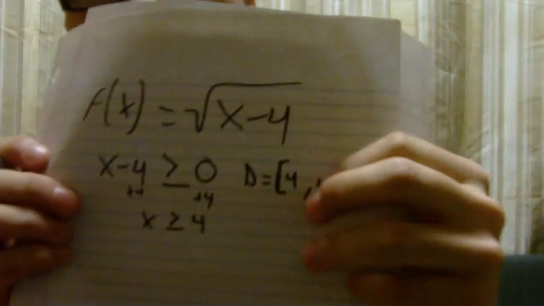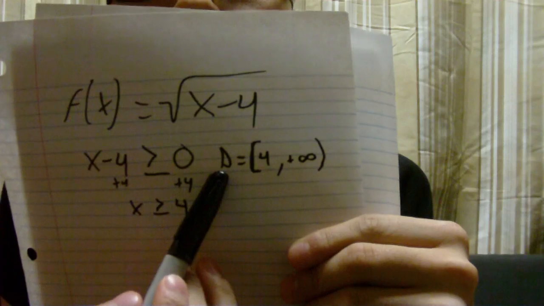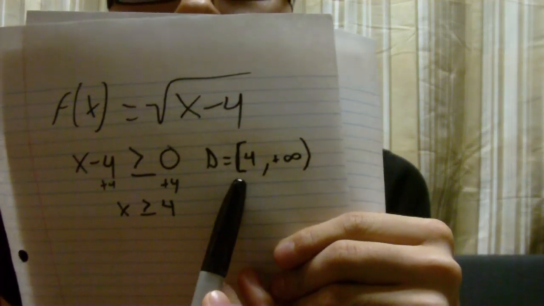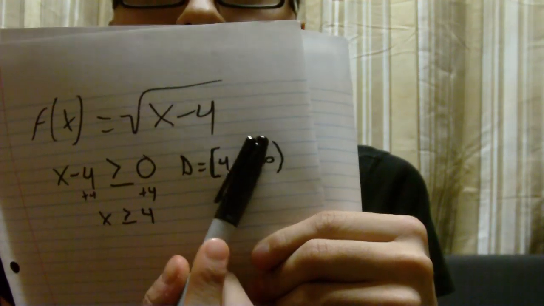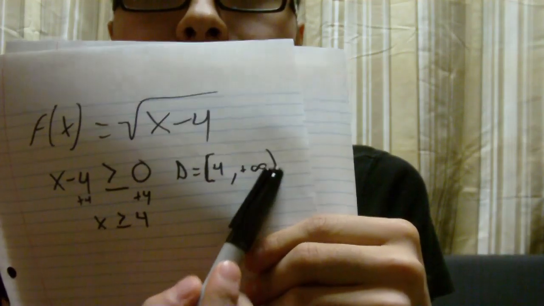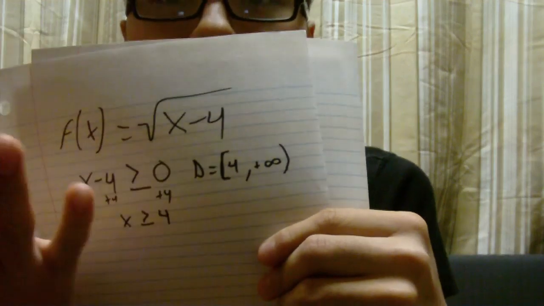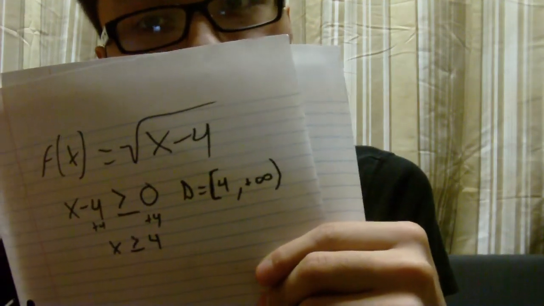The way you would write that as a domain is 4 included to positive infinity. The reason why infinity doesn't need to be included is because infinity is infinity, so it's gonna go on forever.